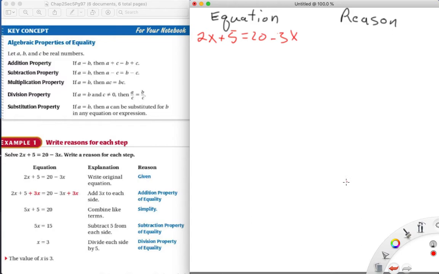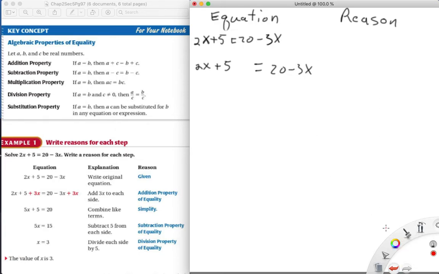Next thing we're going to do is add 3x to both sides. 2x plus 5 equals 20 minus 3x.